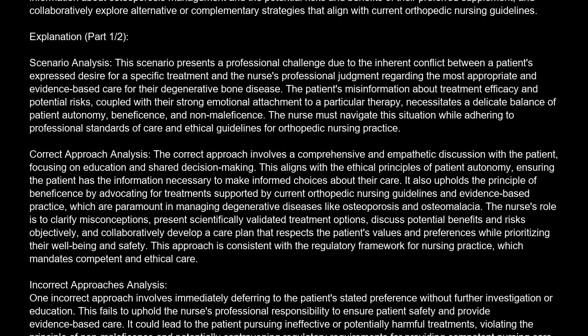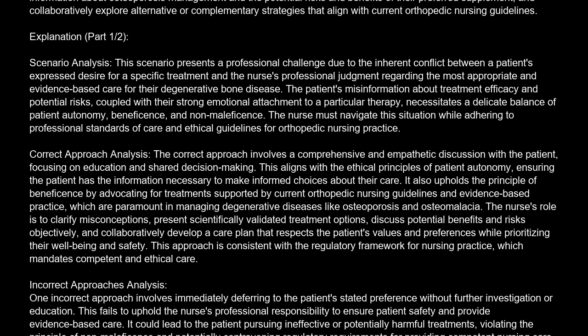The nurse's role is to clarify misconceptions, present scientifically validated treatment options, discuss potential benefits and risks objectively, and collaboratively develop a care plan that respects the patient's values and preferences while prioritizing their well-being and safety. This approach is consistent with the regulatory framework for nursing practice, which mandates competent and ethical care.